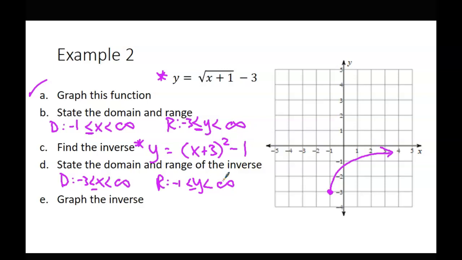Okay, so now let's graph. We want to graph this inverse. So now we got to remember some stuff. We got to remember how to graph a quadratic. Okay, so what would my vertex be? Yep.